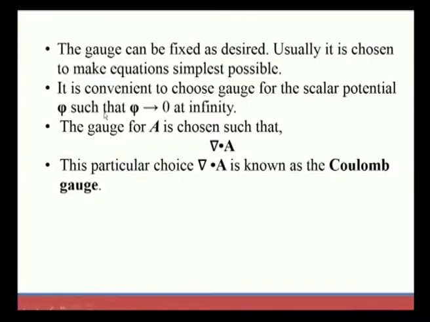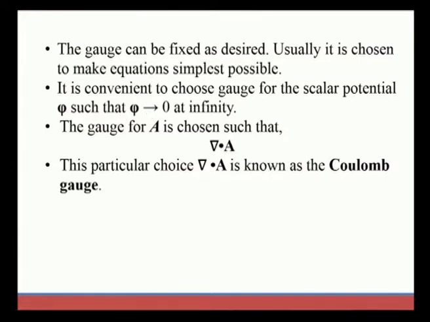As I said, as the vector field number increases, it affects the equation, because the equations also become complex. So with the help of gauge transformation we can make the equation simpler, because the constant can be chosen on our own, and it is convenient to choose the gauge.